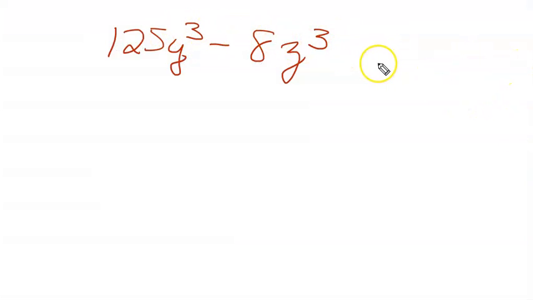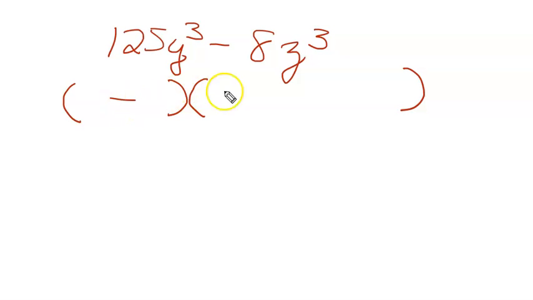So again, how does the recipe start? Well, you need a parenthesis for 2 terms, a parenthesis for 3 terms. Now, whatever sign is there goes here. And whatever sign is here, the opposite sign goes there.